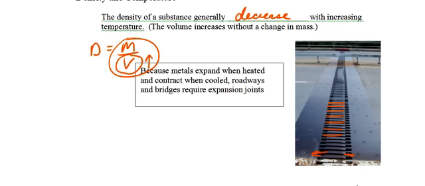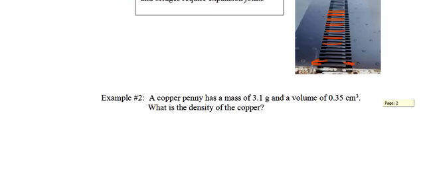All right. Now, scrolling down, let's go through a few sample problems here. A copper penny has a mass of 3.1 grams and a volume of 0.35 cubic centimeters. What is the density of the copper? Well, again, you can either use density equals mass over volume, or you can just simply realize that the units are going to be grams per cubic centimeter, and then get these numbers to line up.